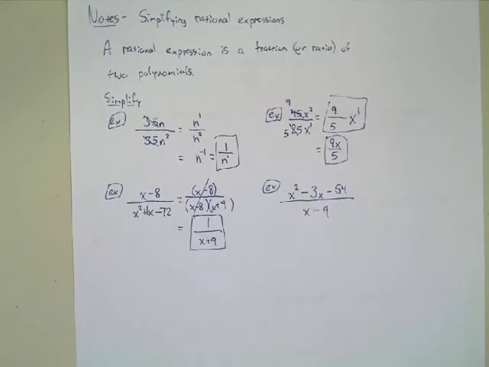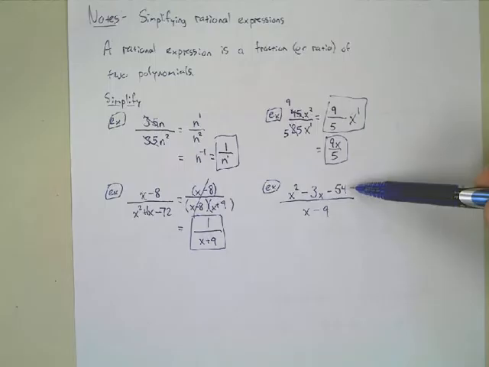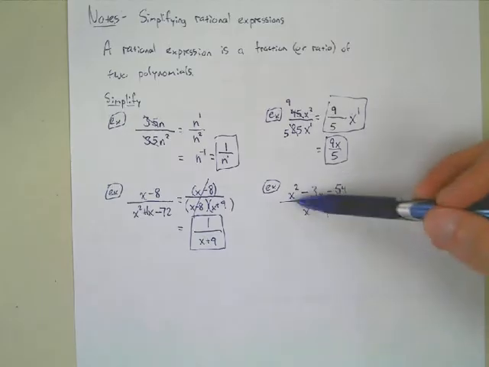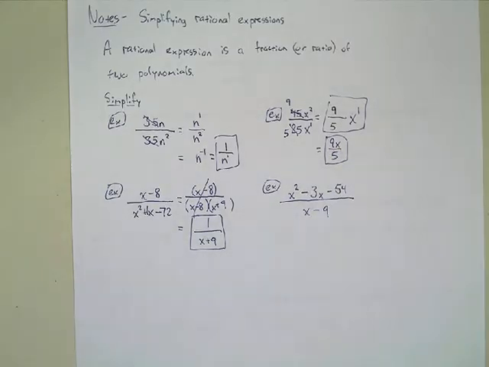So again, if we look at this, I see another quadratic. Now the quadratic's in the numerator, and I see a factor x minus 9 in the denominator. So let's see if we can factor this numerator here and maybe get something to cancel out like we did in the previous one.